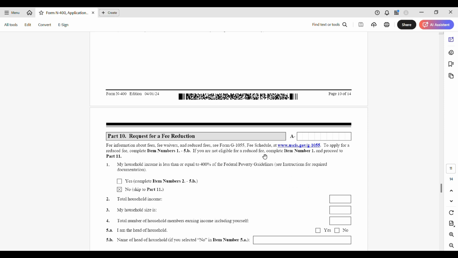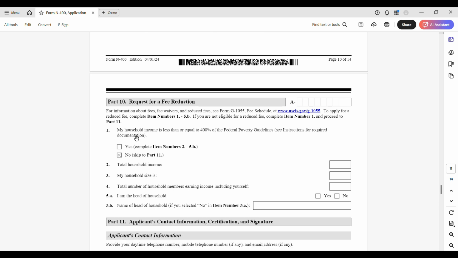See schedule at www.uscis.gov/G-1055. To apply for a reduced fee, complete item numbers 1 through 5B. If you are not eligible for a reduced fee, complete item number 1 and proceed to part 11.